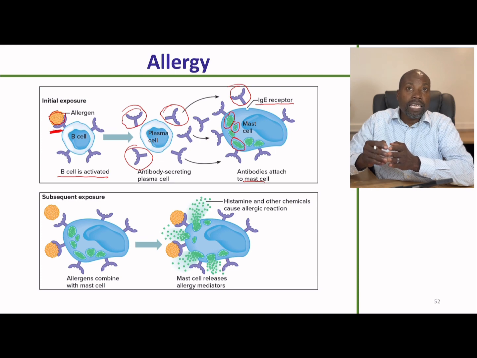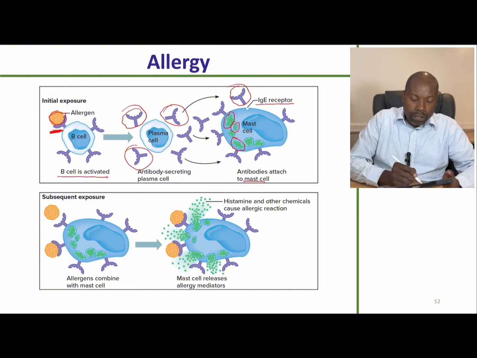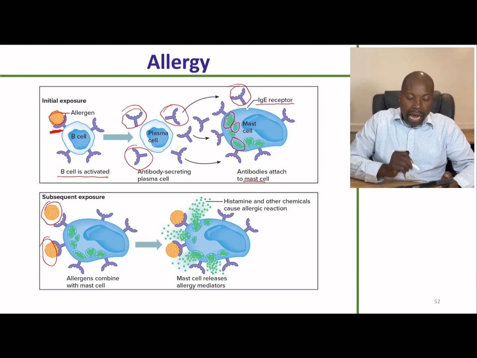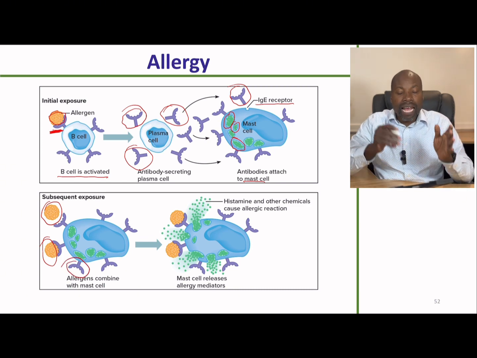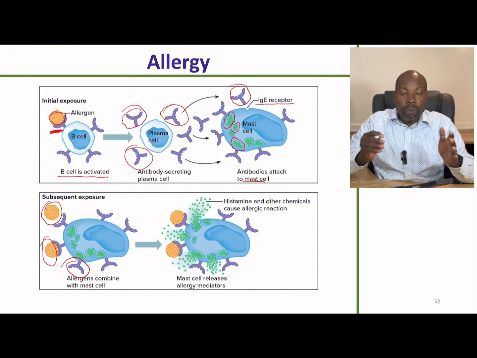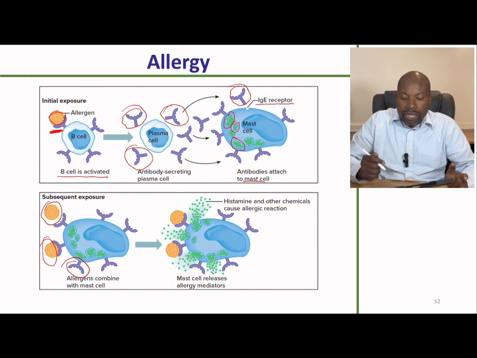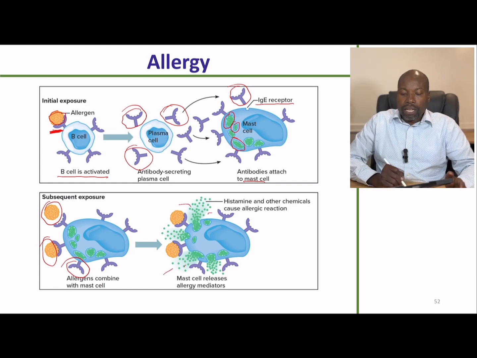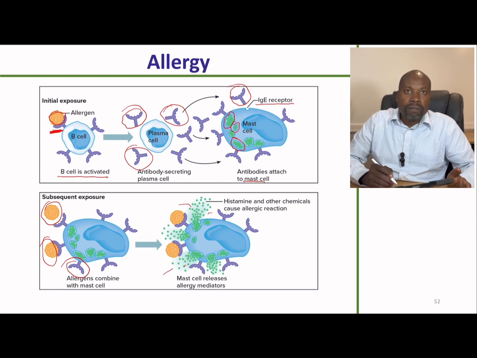Eventually, if there is another exposure of the cells of the body to the same allergens, as this allergen attaches to the antibodies that are themselves attached to mast cells, we are going to see a release of these chemicals that are actually allergic factors.